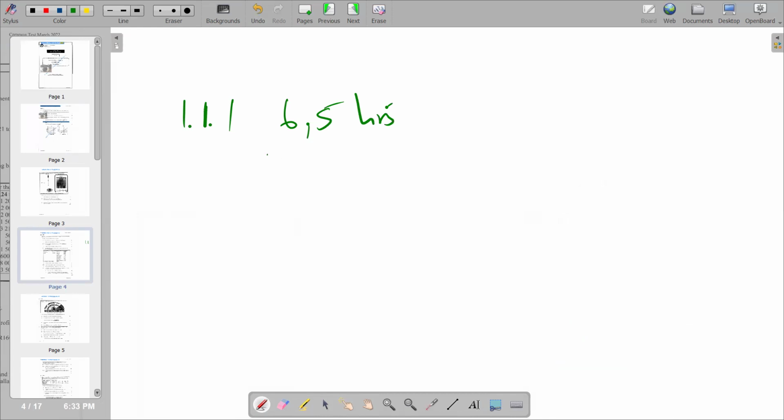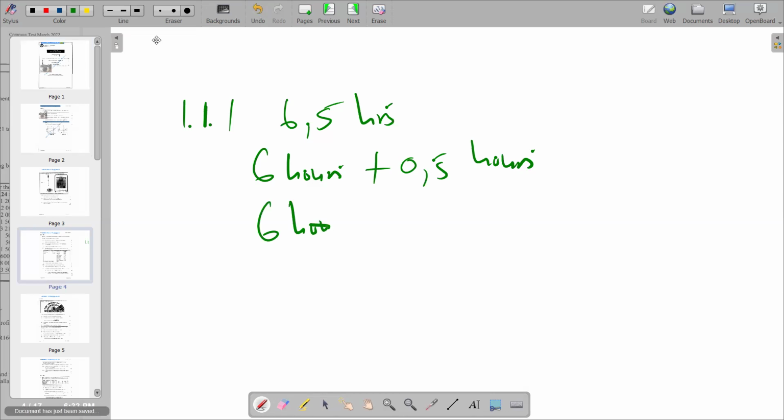So we are saying we've got 6 full hours that we have, and then we have plus this is now 0.5 hours. And we know that in an hour we have 60 minutes, so we are going to say 6 hours, and 0.5 times 60 minutes in an hour.